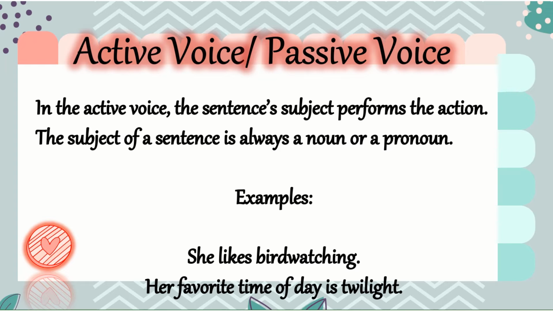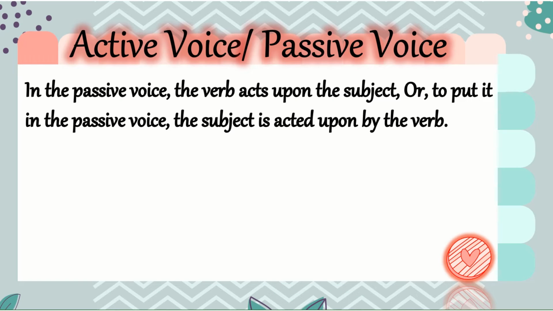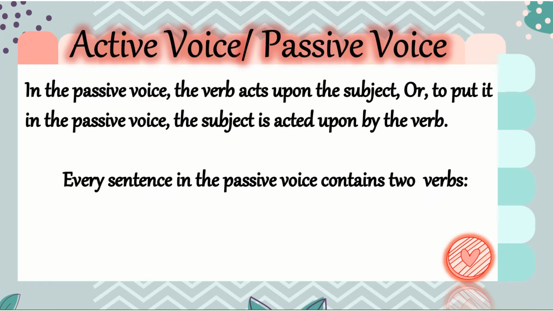No matter what verb you use, structuring your sentence so the subject performs the verb is writing in the active voice, right? Also, in the passive voice, the verb acts upon the subject, or to put it another way, the subject is acted upon by the verb. Every sentence in the passive voice contains two verbs.